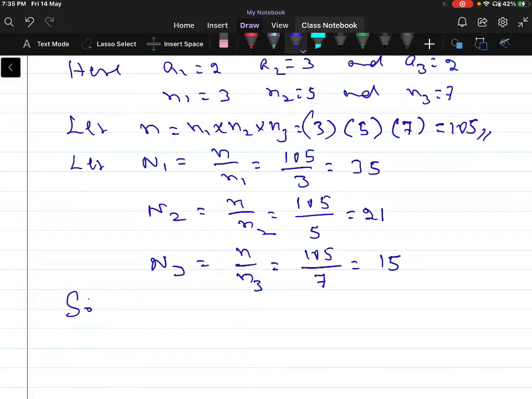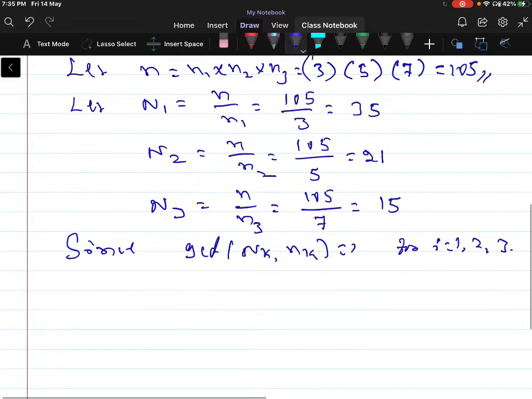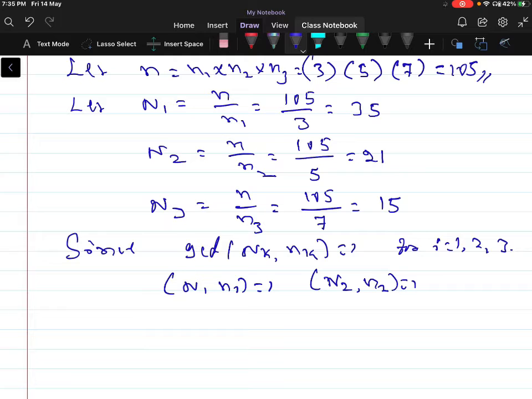Since GCD of capital Nk, small nk is equal to 1 for k is equal to 1, 2 and 3, it means GCD of N1 comma small n1 is equal to 1, GCD of N2 comma small n2 is equal to 1, and GCD of N3 comma small n3 is equal to 1.